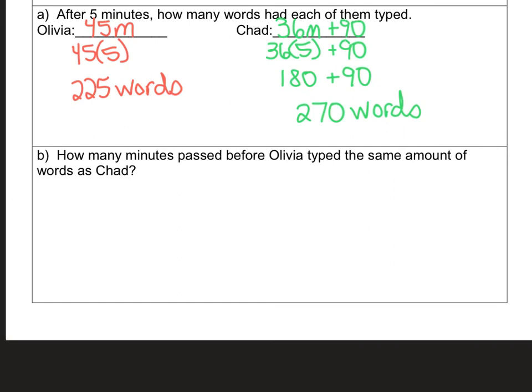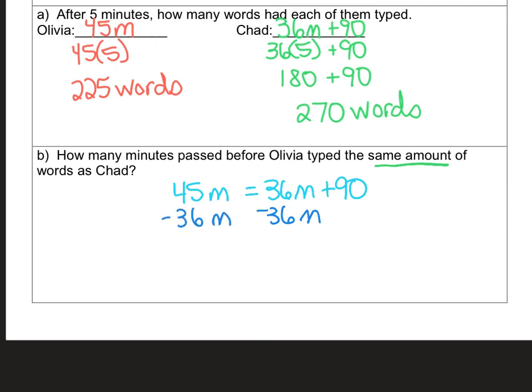So our last question says, how many minutes passed before Olivia typed the same amount of words as Chad? Again, that means we want to set Olivia equal to Chad. And then we want to solve. So we're going to get variables on both sides.